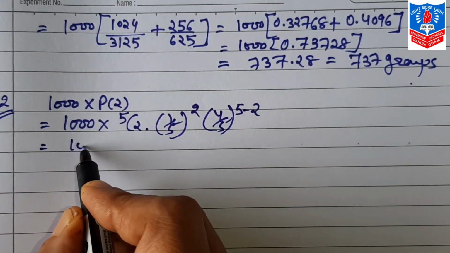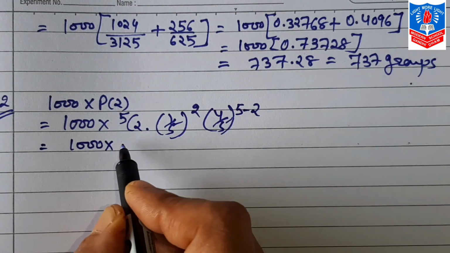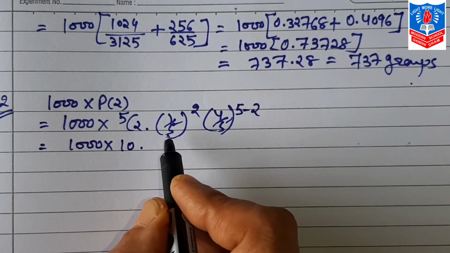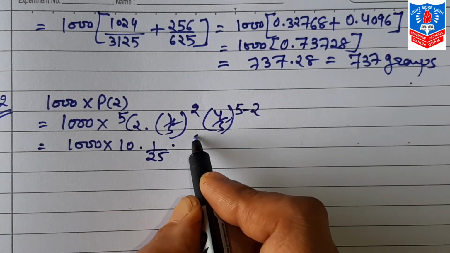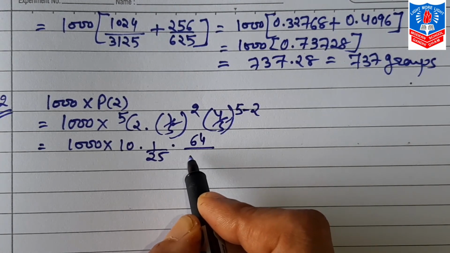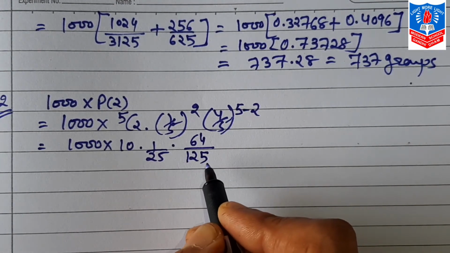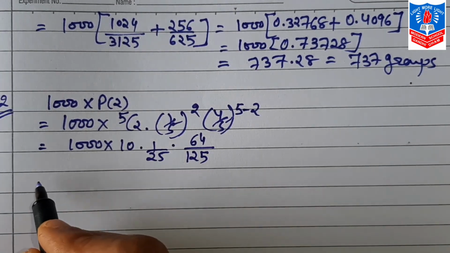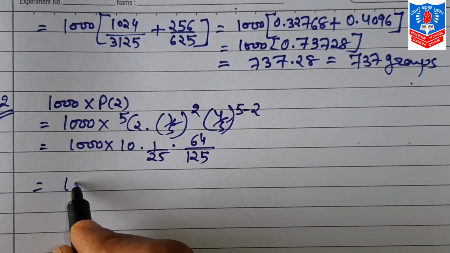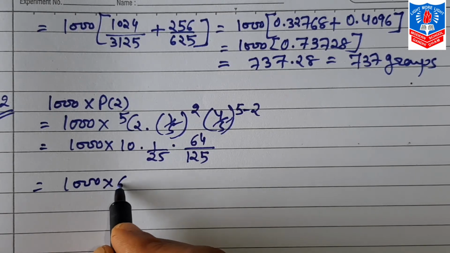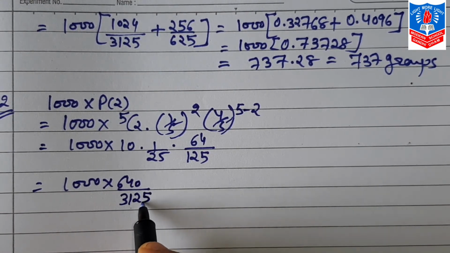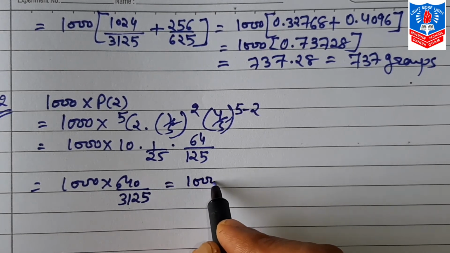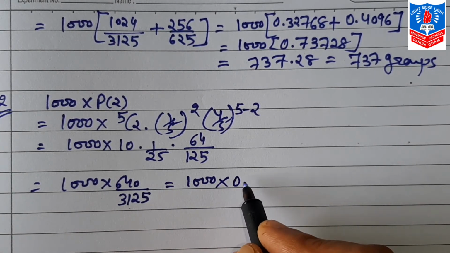Now this will be 1000 into 5C2 will be 10 into 1 upon 25 into 64 by 125. When you calculate this, we get 1000 into 640 upon 3125.